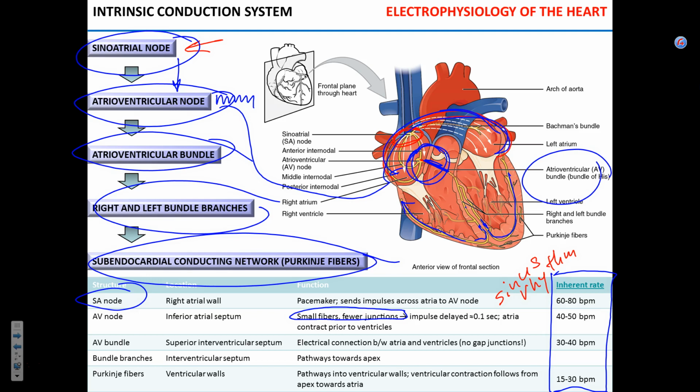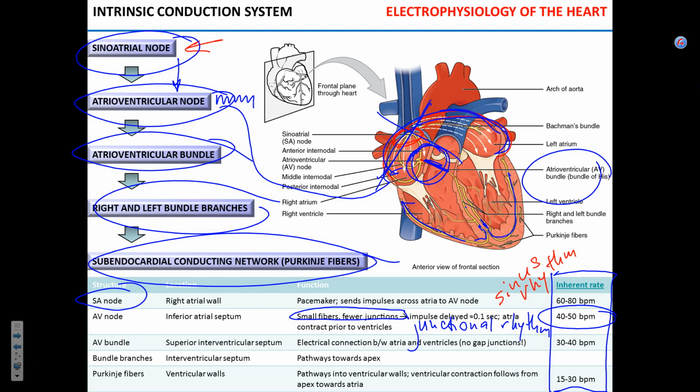If for some reason your SA node becomes dysfunctional, which node is going to take over? AV. When the AV node takes over, this is called junctional rhythm. So it's about 40 to 50 beats per minute.